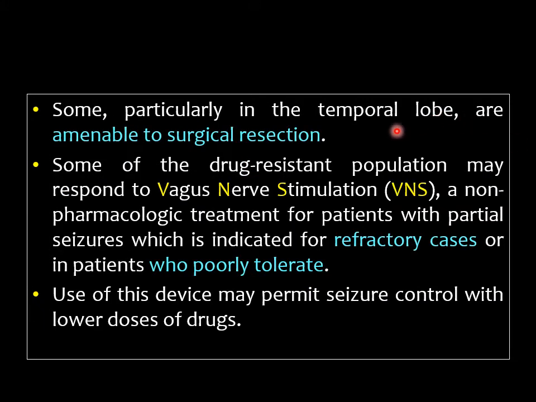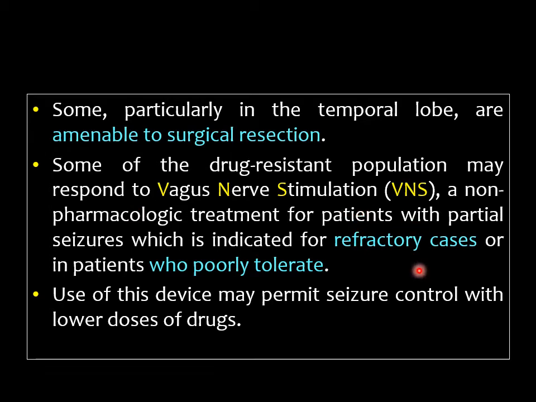Some particular temporal lobe lesions are usually removed surgically, and to some extent benefits are available after surgical removal as far as these seizures are concerned. There may be some other non-medical approach, that is vagus nerve stimulation.